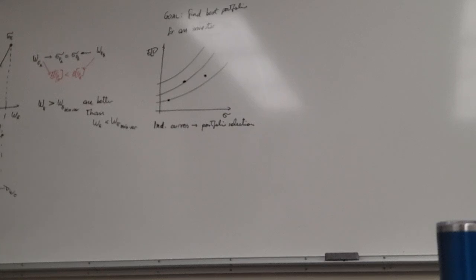If you remember, we did the same thing for the risky and risk-free asset, and we said those were some type of parametric equations. Essentially, you pick a weight, you identify a point for sigma p, a point for ERP, and you trace it there. And then you pick another weight, and so forth.